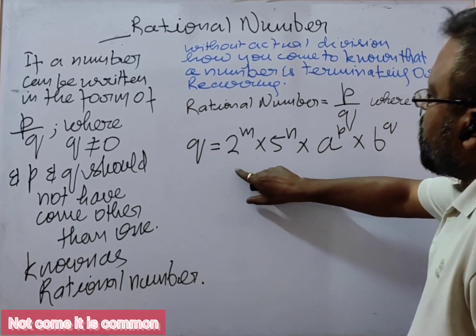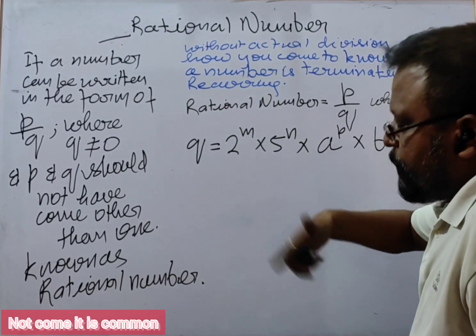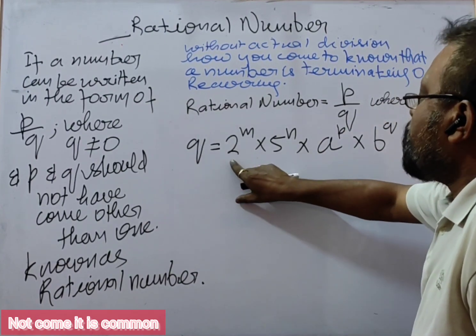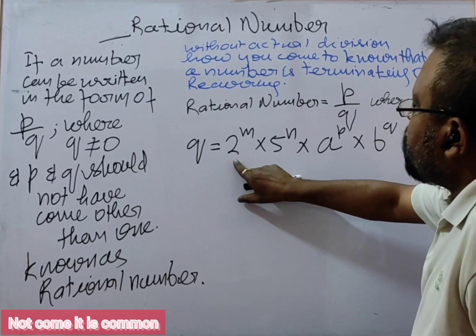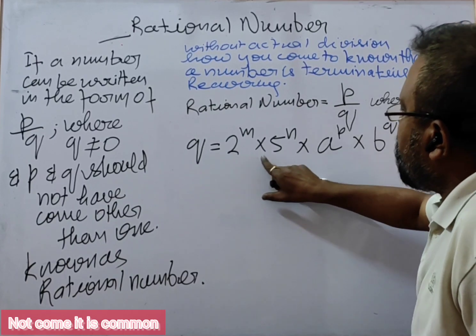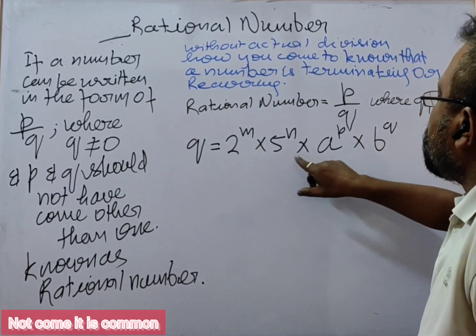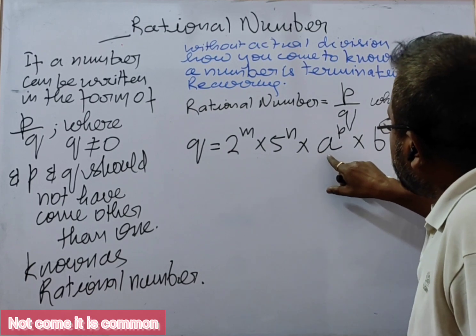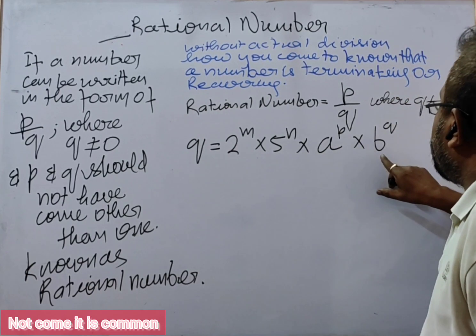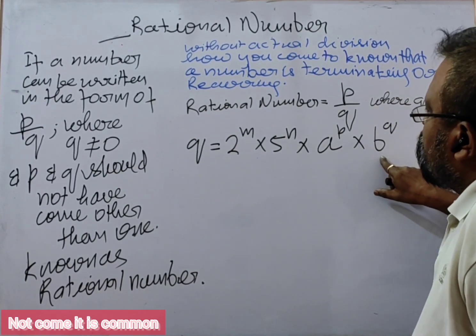If q is in the form of 2 raised to the power m into 5 raised to the power n, and a raised to the power p and b raised to the power q, right?